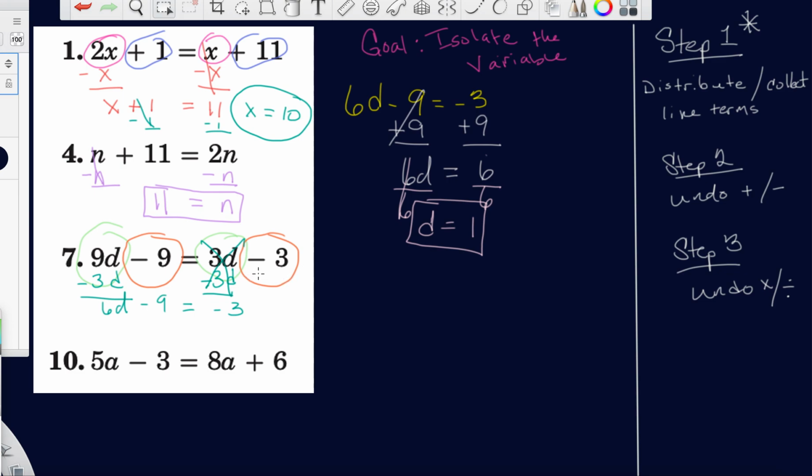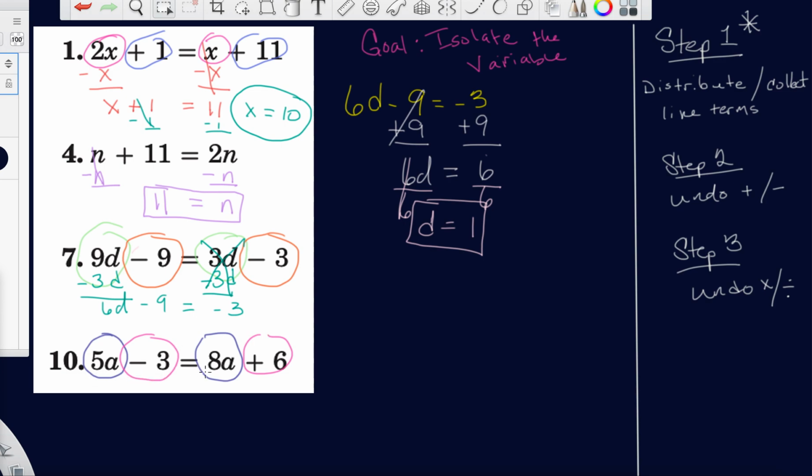A lot of you are saying, I see a variable on both sides. How do I know which side to move my variable to? Here's the trick. Let's look at this last one down here. I have 5a and I have 8a, and then last but certainly not least, I have negative 3 and positive 6.